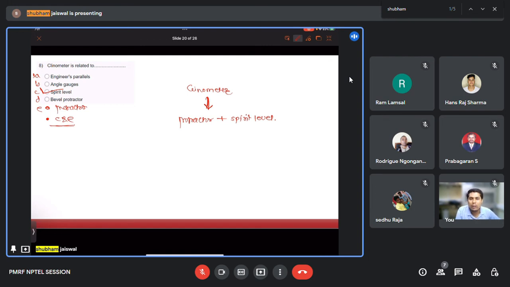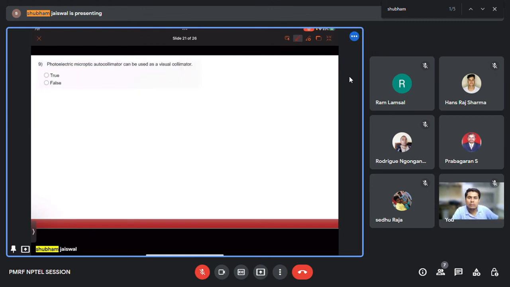It is the combination of spirit level and protractor. So these things you have to consider. If the bevel, spirit level and protractor both are given, then it means it is related to both of them. That is bevel, protractor, and spirit level. Yeah. Moving to our next question.